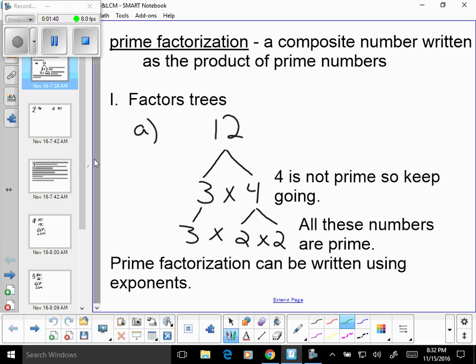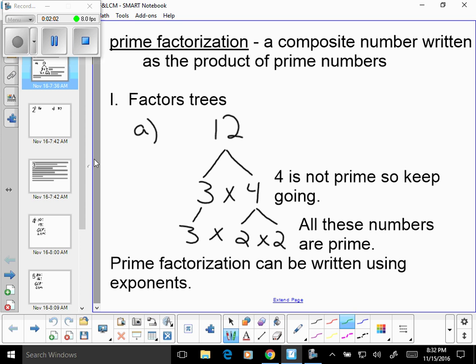This bottom line of the factor tree is very important. That bottom line is what I'm also going to use when I do GCF and LCM. Now, I can write the prime factorization using exponents. There's 2 ways to write that prime factorization.